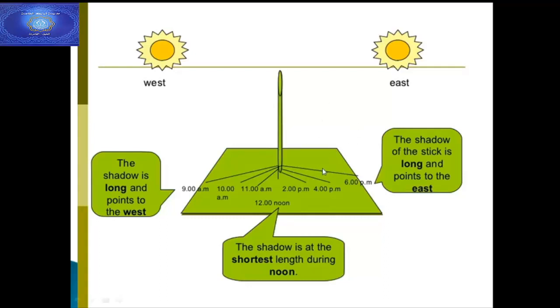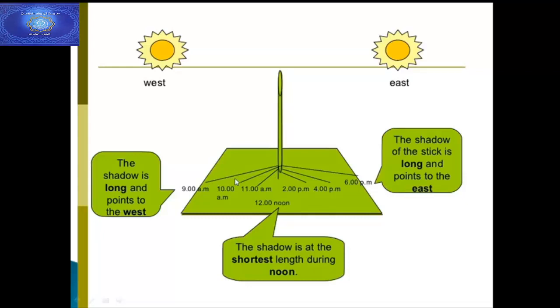This diagram shows us the shadow length at different times during a day: 9 o'clock a.m., 10 o'clock a.m., 11 o'clock, then here 12 o'clock, the shortest shadow forms at noon. The longest shadow forms in the early morning.